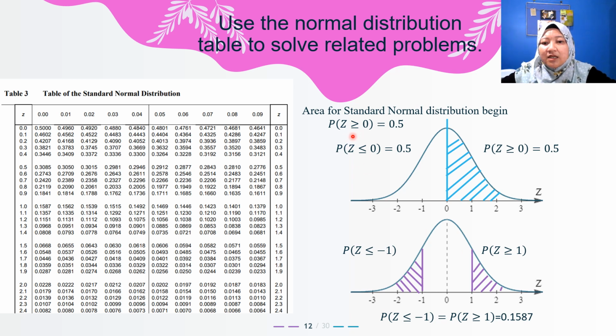Yang penting adalah kawasan yang lebih besar. Okay, saya ulang sekali lagi. Ini adalah symmetrical curve, so nilai di sebelah kanan sama dengan nilai di sebelah kiri. Tetapi bila kita nak menggunakan table, kita perlulah menukarkan simbol less than or equal to kepada greater than or equal to.